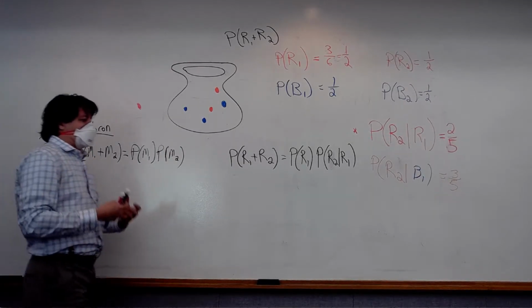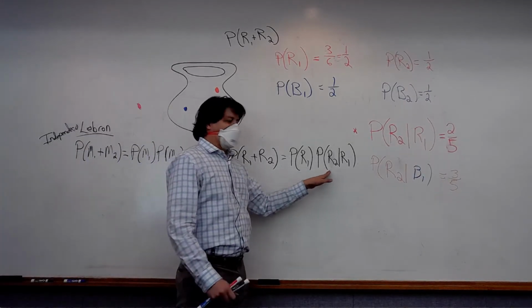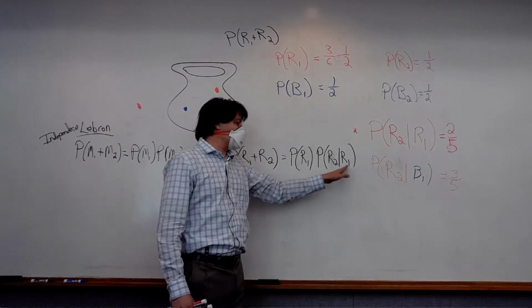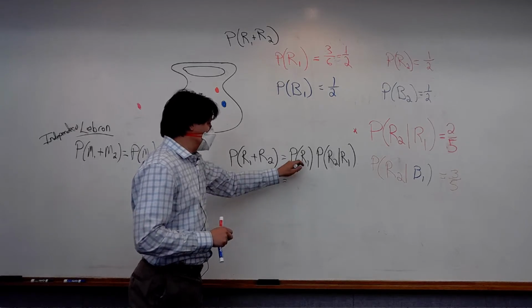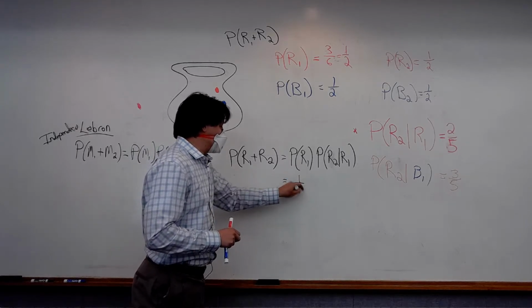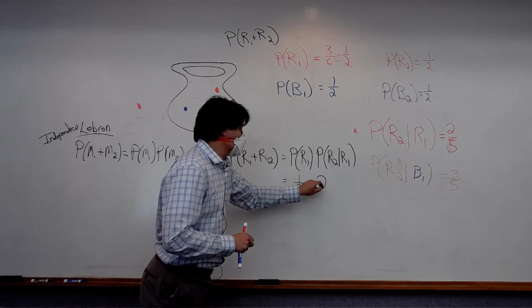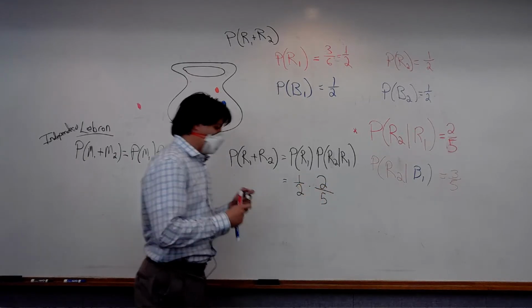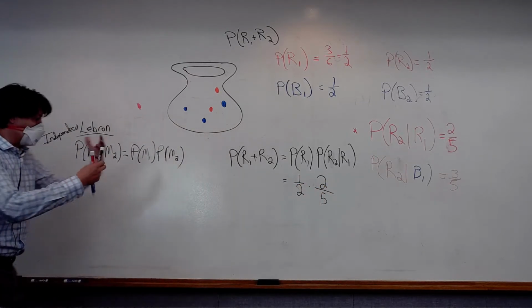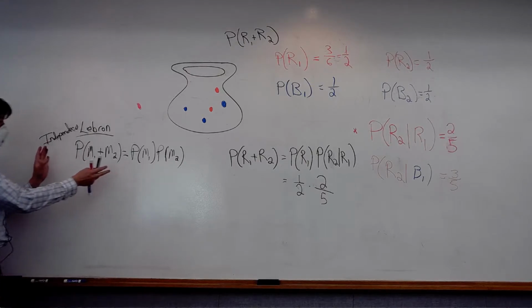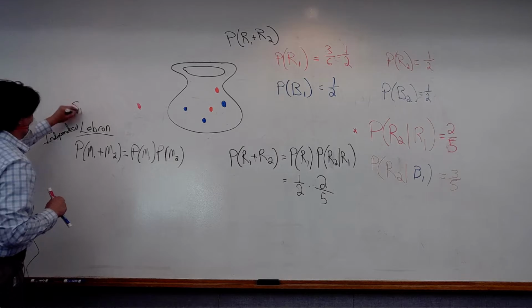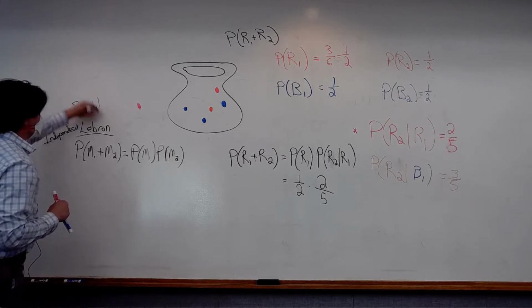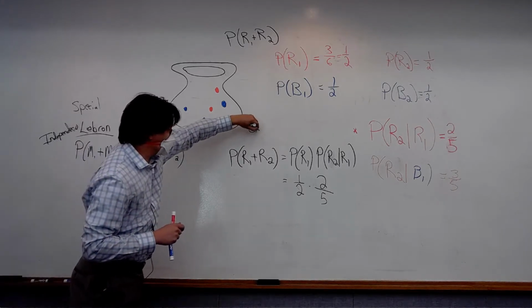And that's because we have to update what this probability of R2 is for this state of the world. Okay, so this becomes 1/2 times 2/5. Okay, if we were using the specific or the special form, right? So this is the special. I think that's the way the book refers to it, and this is the general.